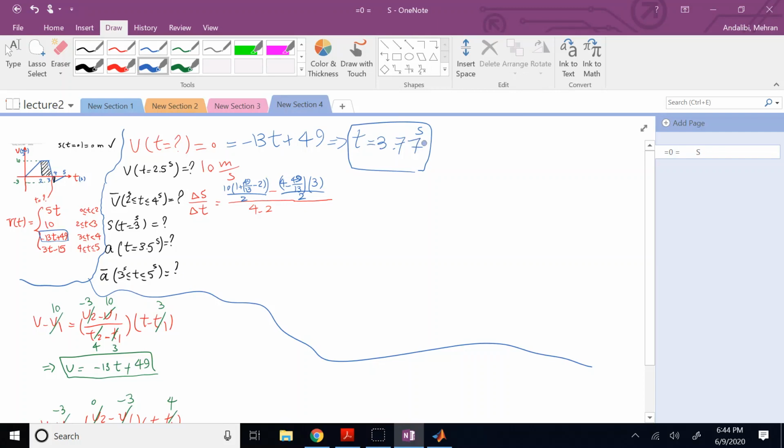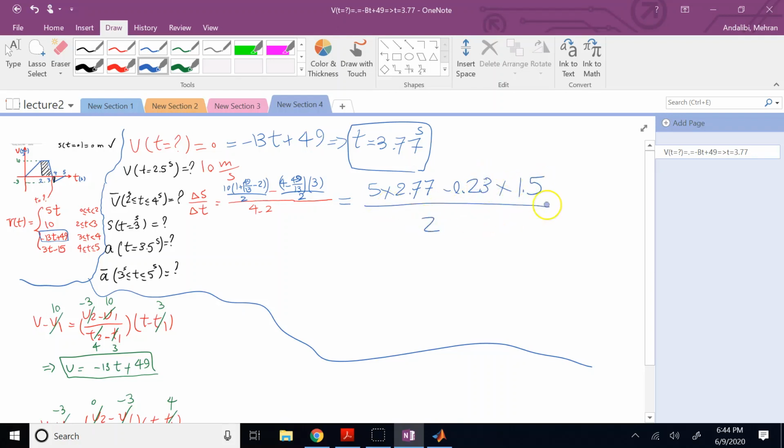And now, if I calculate this, this is going to be 1.77 plus 1, 2.77. So this is going to be 5 times 2.77 minus, this is going to be 0.23, so 0.23 times 1.5, which is 3/2.